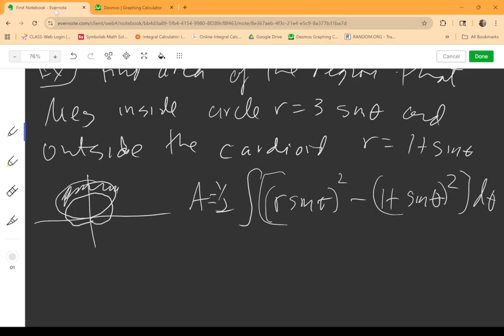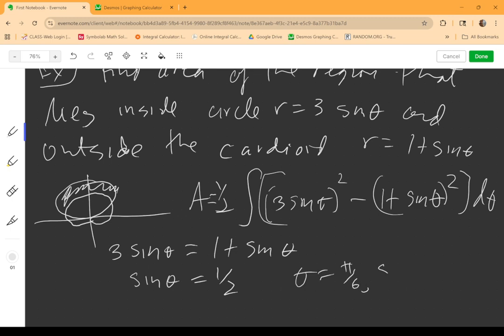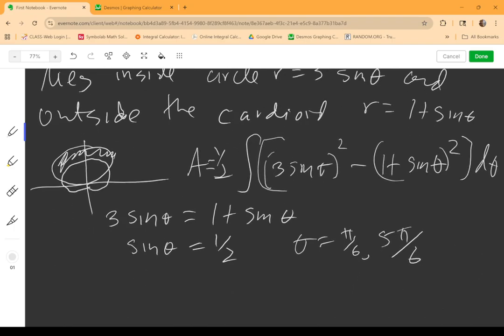But if you didn't have that, you can always just set these equal to each other. 3 sine theta, when is that equal to 1 plus sine theta? Solving for sine theta, when is that 1/2? Looking at theta between 0 and pi, when sine of theta is equal to 1/2, that's at pi over 6 and 5 pi over 6. So that'll be my limits of integration.